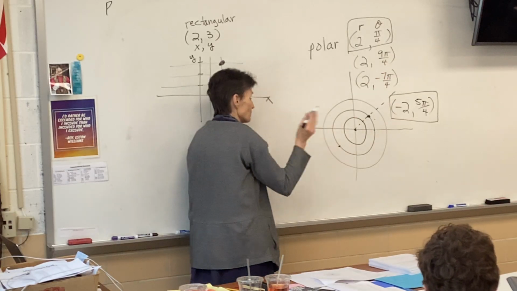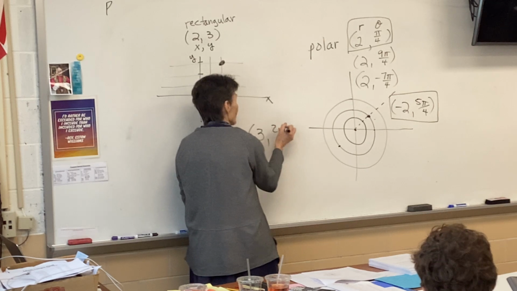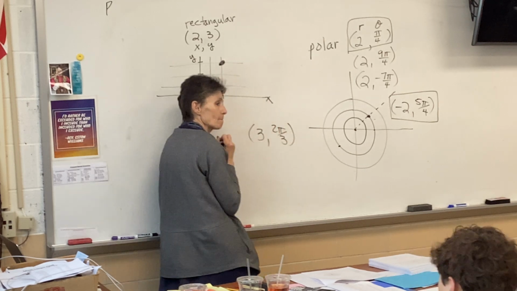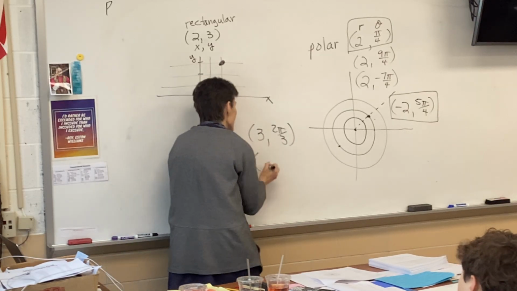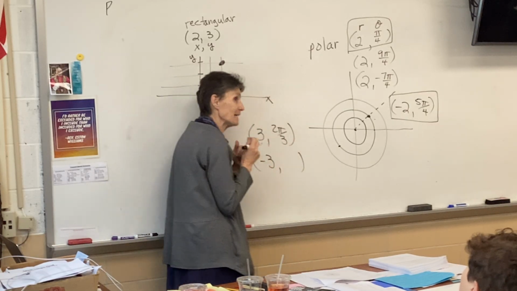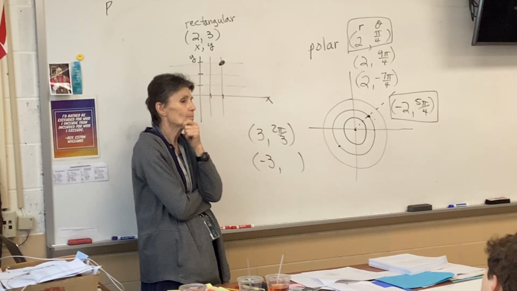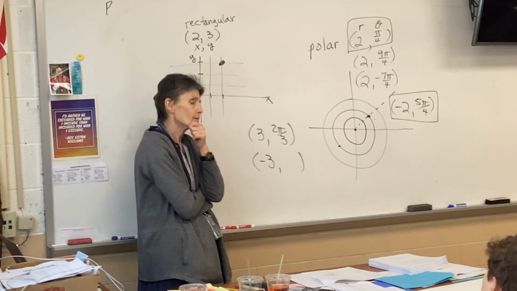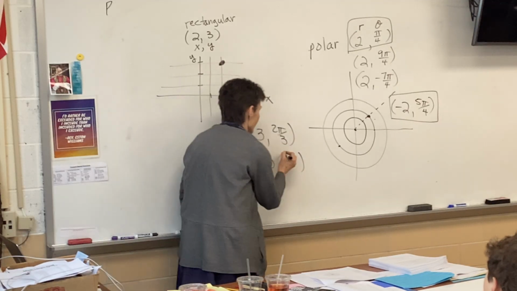So, let's practice one. What if we had the point 3, 2 pi over 3? If I made r negative, what angle would I have to have? 5 pi over 3.